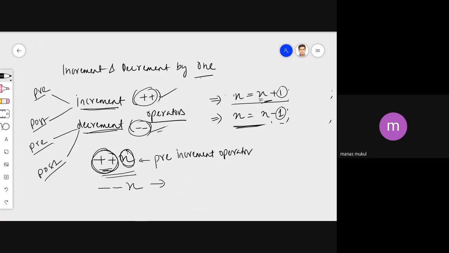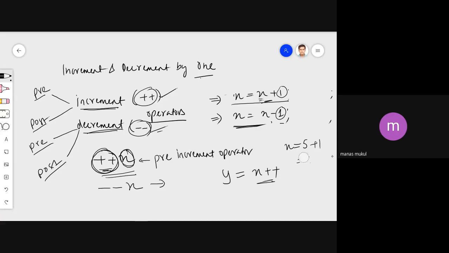First thing, let's see. When I write y is equal to x plus plus, what is going to happen? y is going to be assigned the original value of x. So let's take an example. Suppose x is equal to 5. Using this operator, we are going to change the value of x to 6, right?